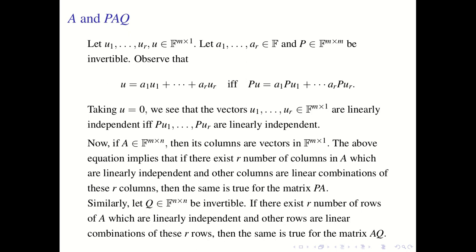So if I look at the case when u equals 0, this says that a1 u1 plus etc. ar ur is 0 if and only if a1 Pu1 plus etc. ar Pur is 0. Or in other words, u1 up to ur are linearly dependent if and only if Pu1 up to Pur are linearly dependent, or u1 up to ur are linearly independent if and only if Pu1 up to Pur are linearly independent.